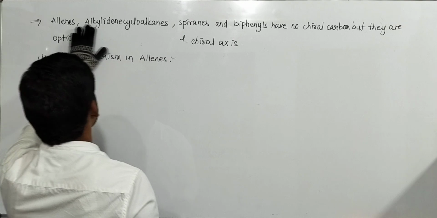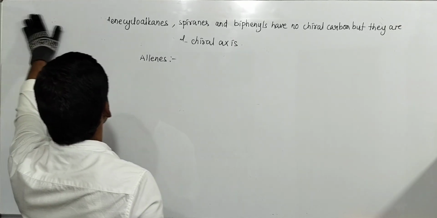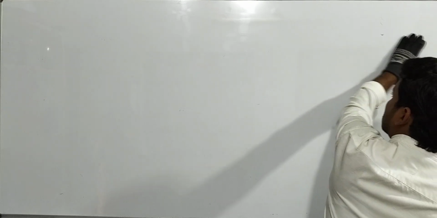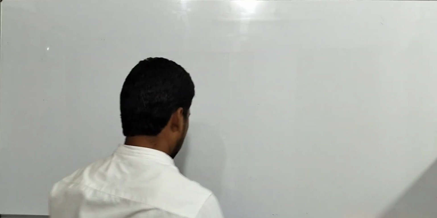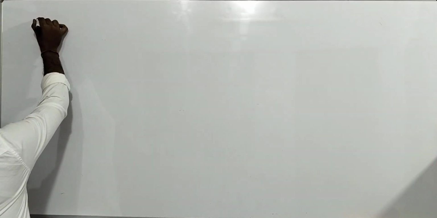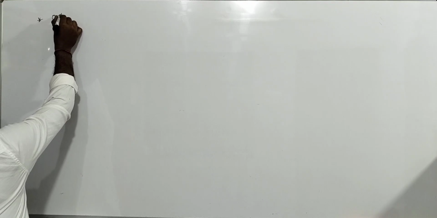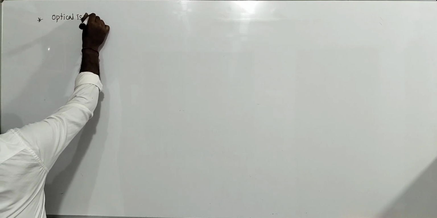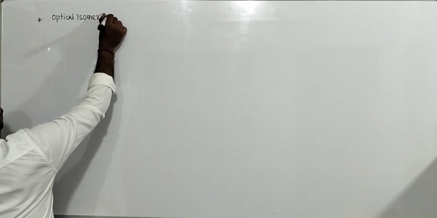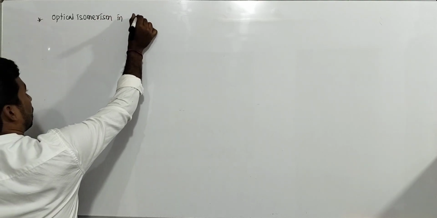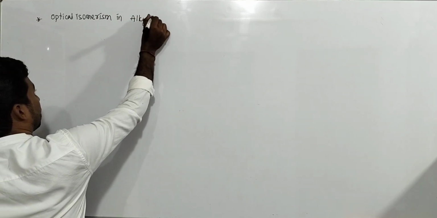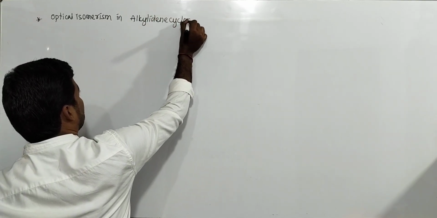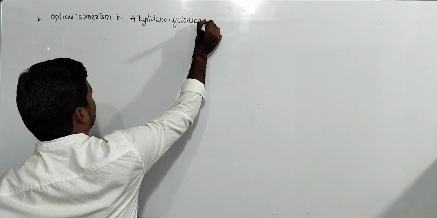Alkylidene cycloalkanes. Optical isomerism in alkylidene cycloalkanes.